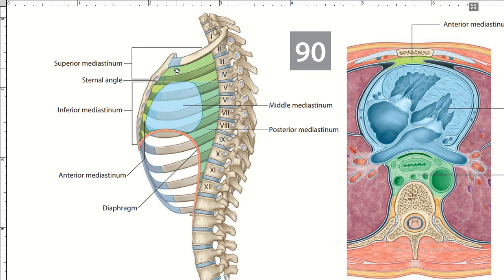If you remember very well from our thoracic arteries, we have the internal thoracic artery that runs behind the costal cartilages of the upper six ribs. One of the branches of the internal thoracic artery are the mediastinal branches.